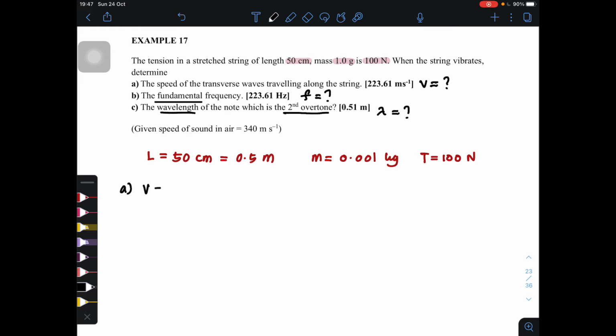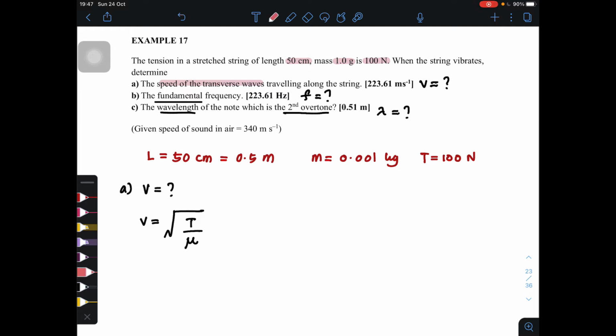First question is the speed of the wave. So the speed of the wave, the value for V. Keluarkan formula, kita hanya ada satu saja formula for the speed of the wave, which is equal to the square root of T divided by mu.